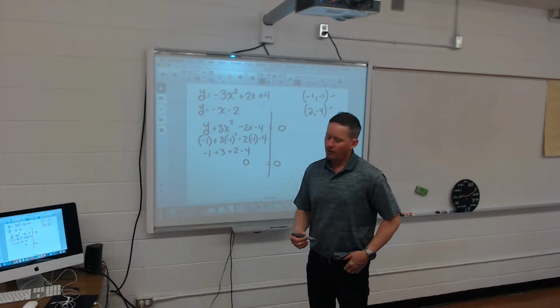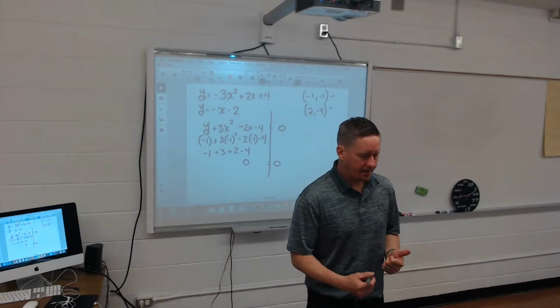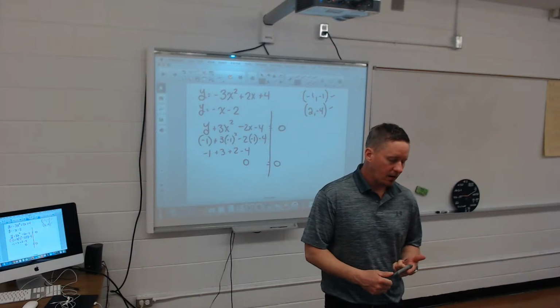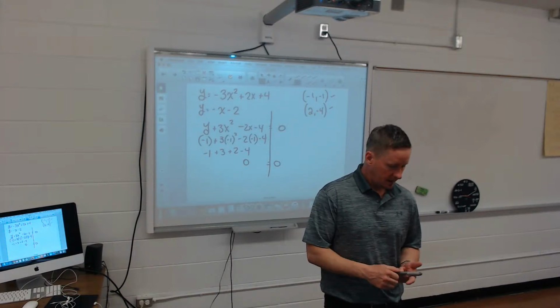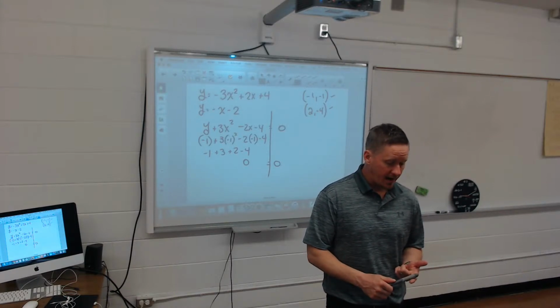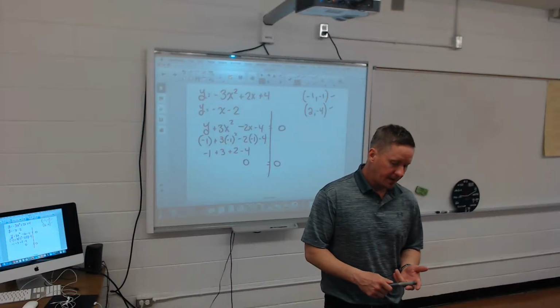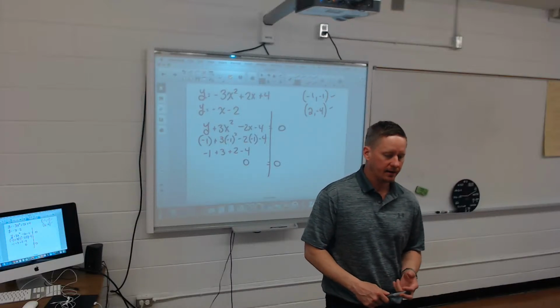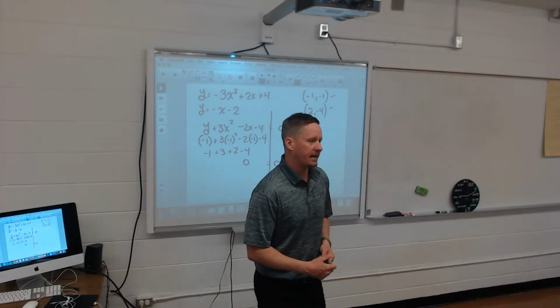So the first thing that we're doing today is simply graphing. Now, if you look at example 2, page 335, not only are we graphing a linear and a quadratic, example 2 is a quadratic and a quadratic. So what are the possibilities that I can have here?